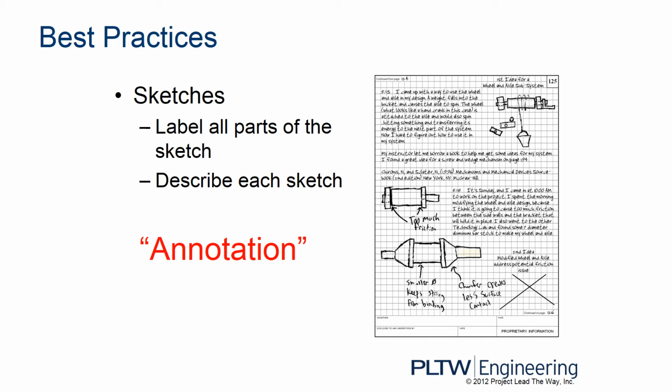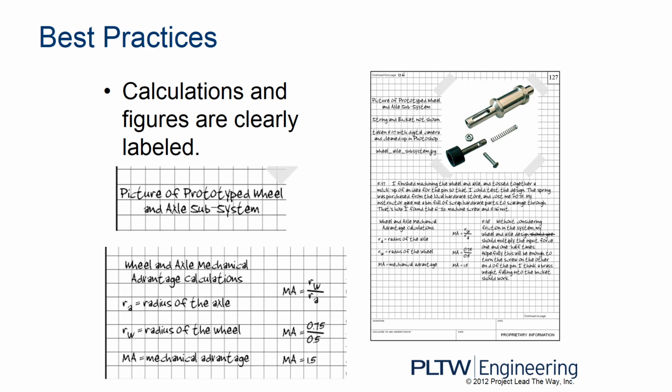All right, so you're going to describe each sketch in detail. Think of it this way. What would you say if somebody asked you, what's this sketch? Okay, whatever you would say to explain that to them, write it down. All right, and this is called annotation, by the way. When you write a description, all right, and you draw arrows, that is called annotation, and you do it in drawings as well. So annotate all your sketches.